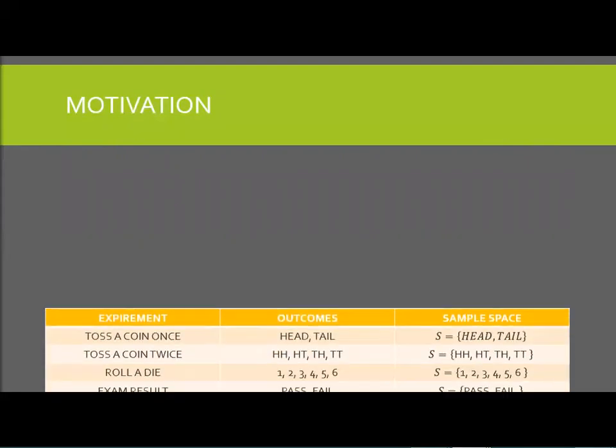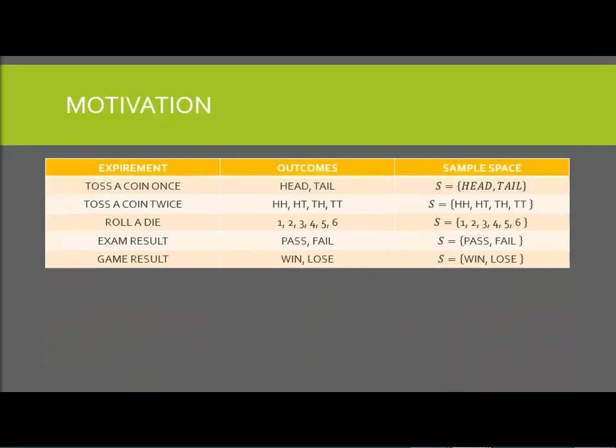So for the experiment of tossing a coin once, the outcomes are head or tail, and the sample space is the set S equal to head and tail. Those are the possible outcomes when you toss a coin once.